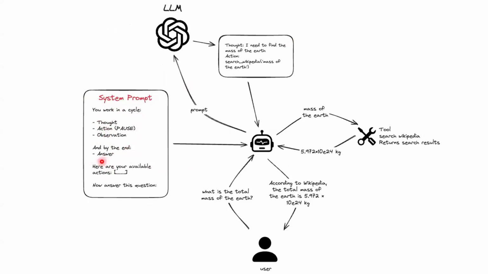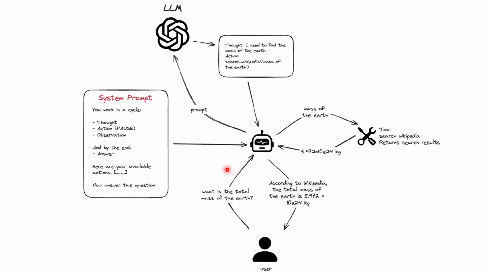And at the end, you will get your final answer. Here are your available actions. What actions it can take, that also we will define in our system prompt: calculate the mass of the planet, or maybe add two numbers, or things like that. And now, having said all these things, answer this question. So the user will be asking this question, and this prompt will be used.